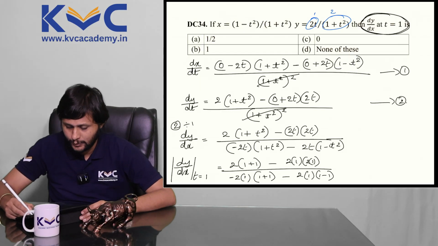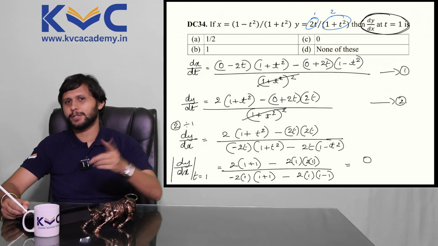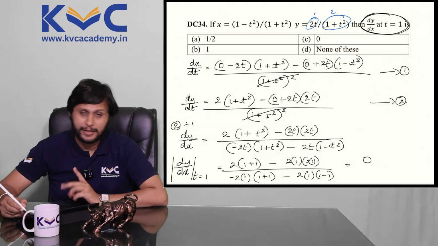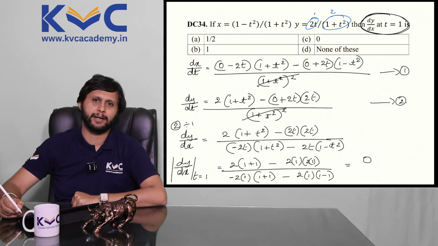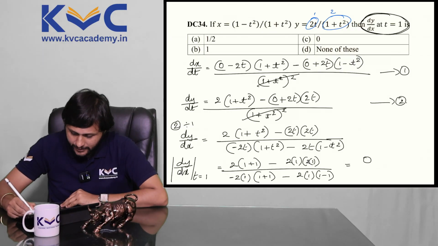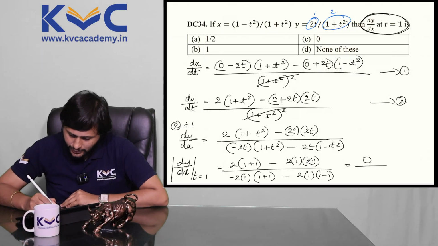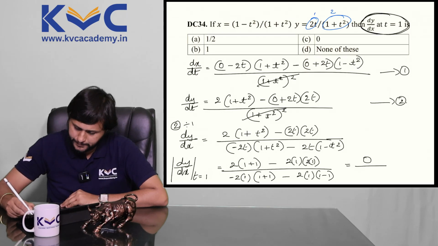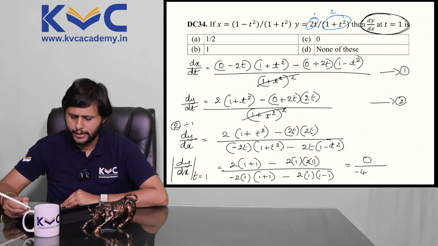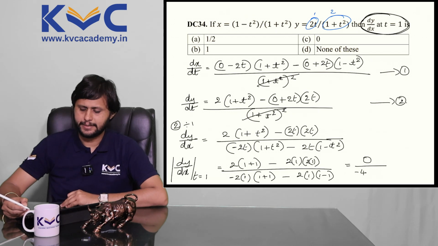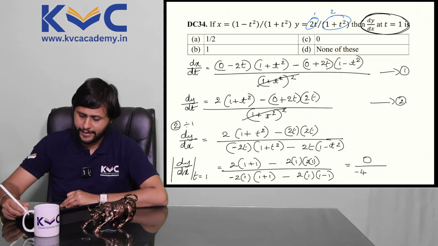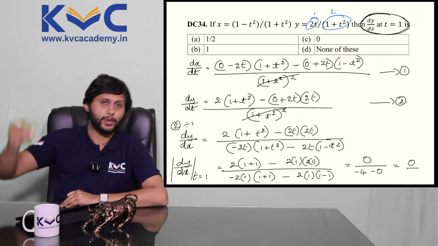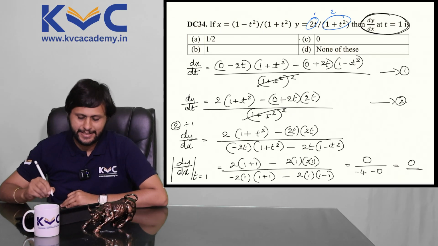We have 4 minus 4, which is 0. Remember, 0 divided by anything is 0. But if it is 0 by 0, then it is not defined. So I still need to solve the denominator: minus 2 into 2 is minus 4 and minus 2 into 0 is 0. So minus 4, we get 0 divided by minus 4. Final answer is 0, which is there in option C.